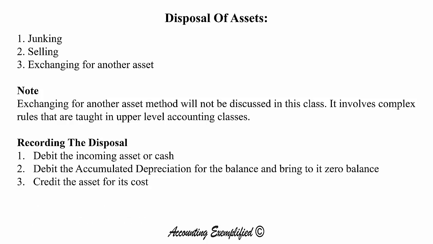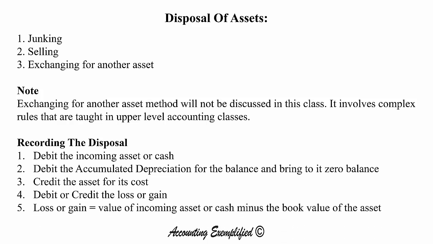And third, you should credit the asset for its cost. Sometimes there may be a loss or a gain in the disposal transaction. If it is a loss, you will debit it, and if it is a gain, you will credit it. Now, loss or gain equals the value of the incoming asset or the cash minus the book value of the asset.